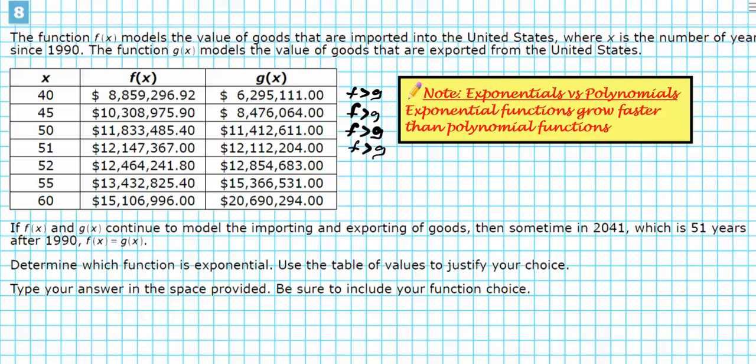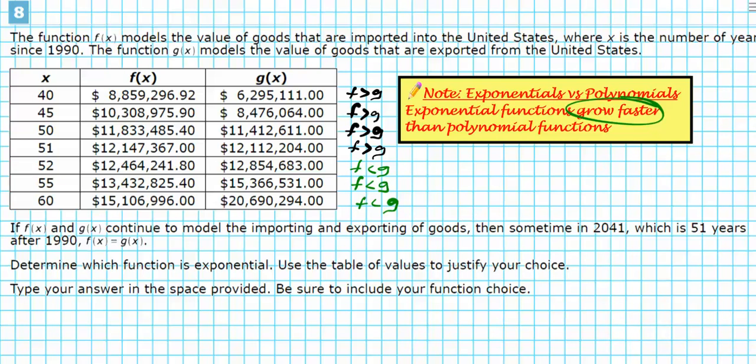All of a sudden, if you take a look at 52, f becomes less than g. g has exceeded f. And guess what happens? f just keeps lagging behind, and look at the gap. g just takes off, literally. So if you look at these two functions, which one would you say is polynomial and which is exponential? Remember, exponential functions always grow faster. Even if they start behind, because of their rapid growth rates, they will eventually catch up to a polynomial function and leave it in the dust, so to speak.